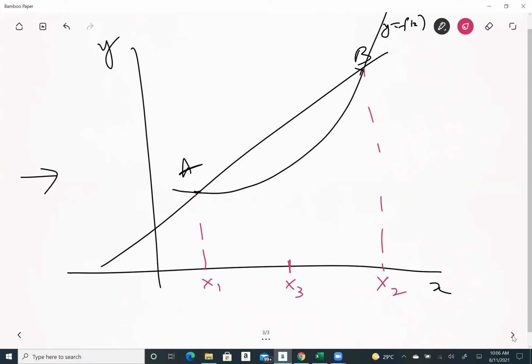So now I make delta x smaller, call it x3. Then you will see here, I have y3. That is y1. Oh, this diagram is not very good.